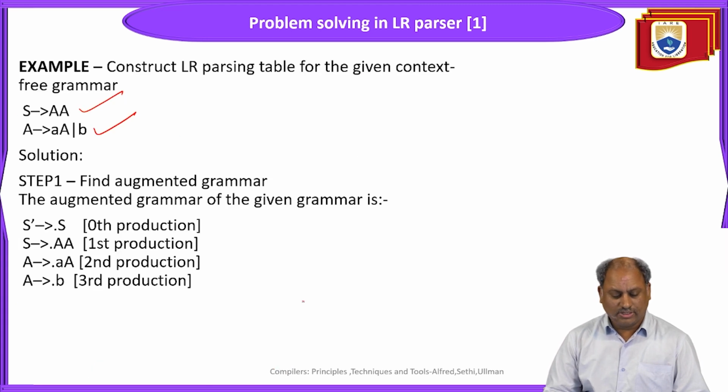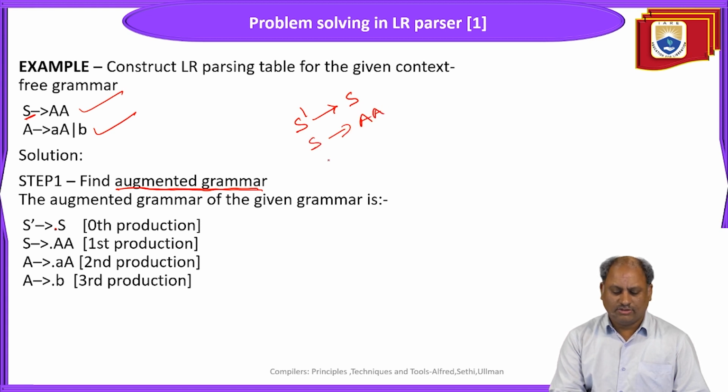Now we have to provide an augmented production. To this grammar we add the augmented production. The start symbol is S, so I have to consider S dash derives S. That is the production to be added, the augmented grammar, and the remaining productions are included as they are.